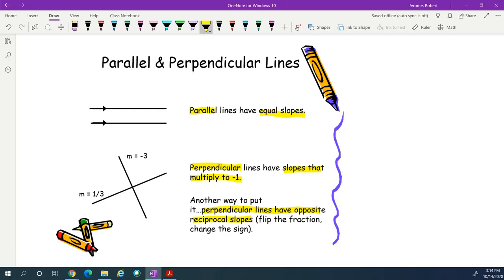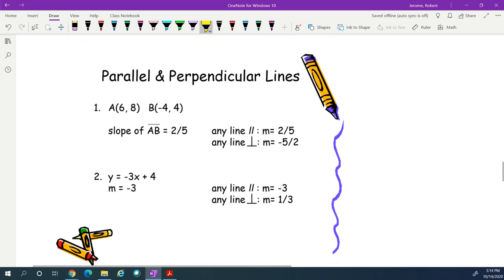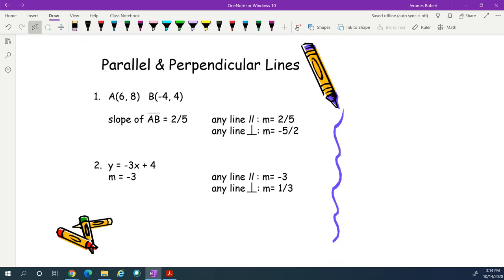So if I want to test whether lines are perpendicular, I can get their slopes right here and say, okay, is one the opposite reciprocal of the other? Yes. Or I can multiply them to see if it multiplies to a -1. Let's do it. So this is what it looks like. We did this before. Slope of AB is 2 over 5. Any line that has a slope of 2 over 5 will be parallel.